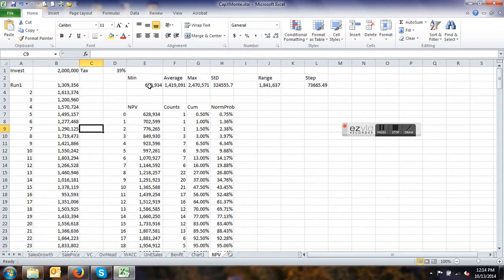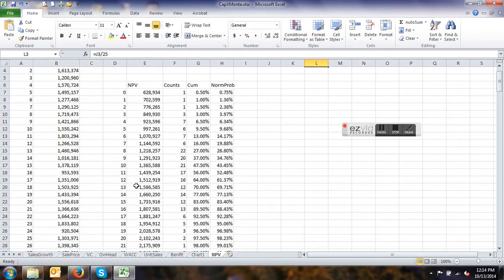Here's my min value for it. This is the average value, and this is the maximum NPV value. And this represents the standard deviation of this column. The range is simply max minus min, and then the step, I'm just dividing by 25 because I'm in 25 boxes here, actually 26.